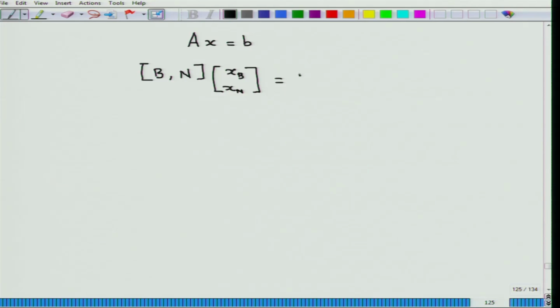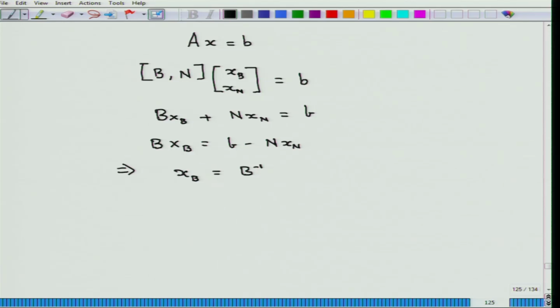So, now what you have is B times x_B, the matrix B multiplied with the vector x_B, plus N times x_N equals b. So, B x_B = b minus N x_N. Using the invertibility of B, x_B = B^{-1} b minus B^{-1} N x_N.